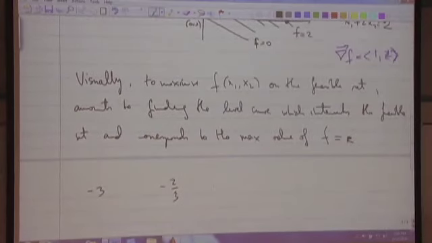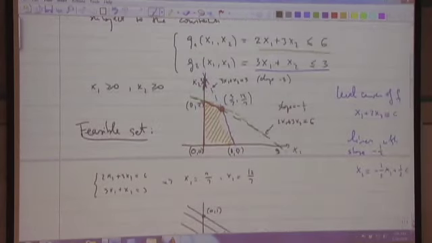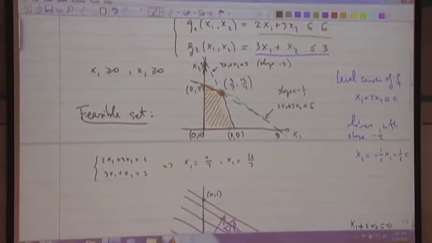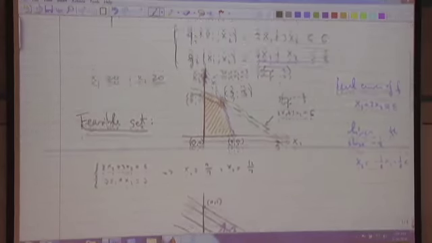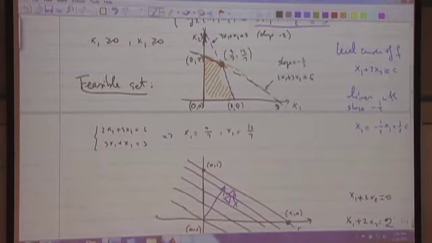Well, negative 1/2 looks like it's here, isn't it? So, yep. So you see the slope.